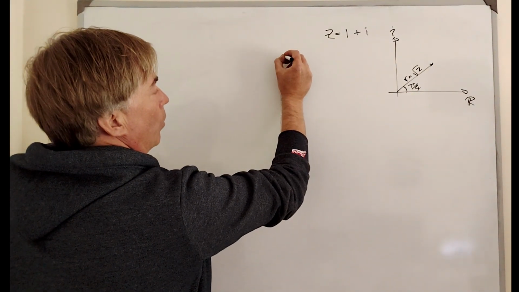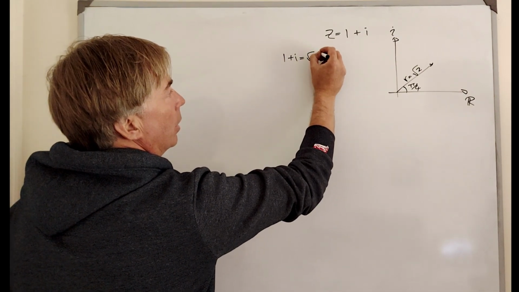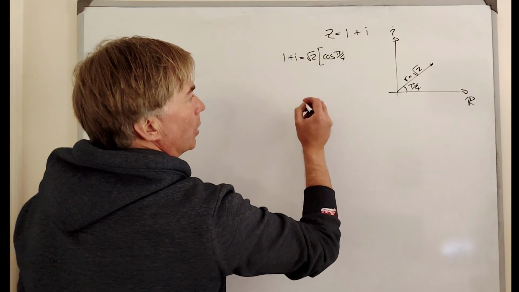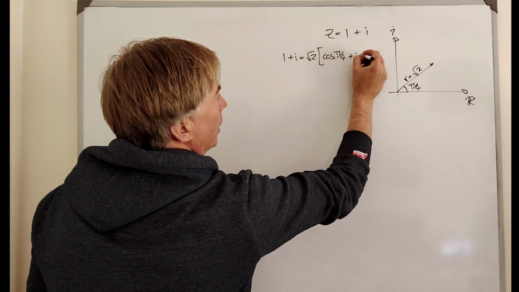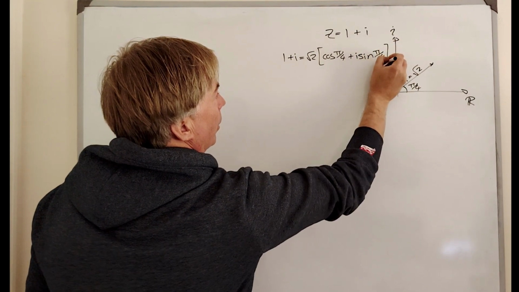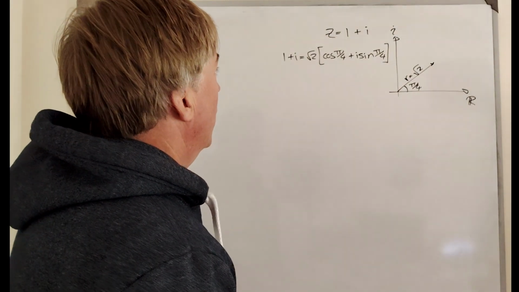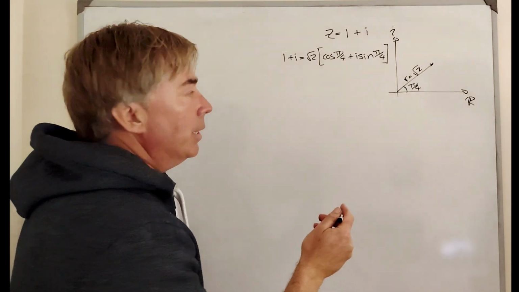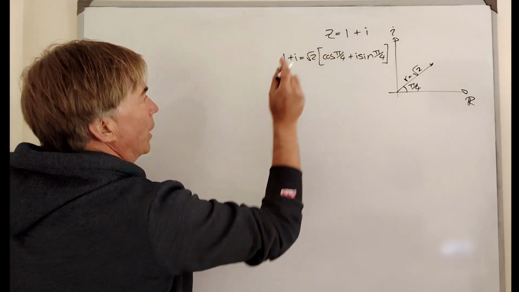So I can rewrite 1+i as root 2 brackets cos pi by 4 plus i sin pi by 4, because we're going to be using de Moivre's theorem, so this is a more convenient way of showing the complex number. So we're going to be working with that trig form of z.